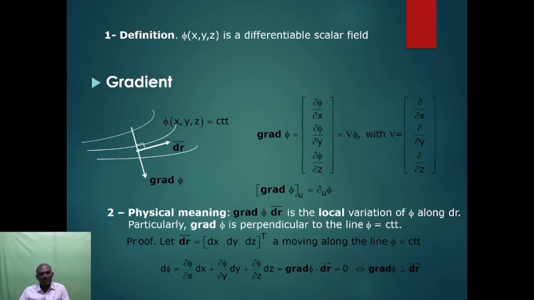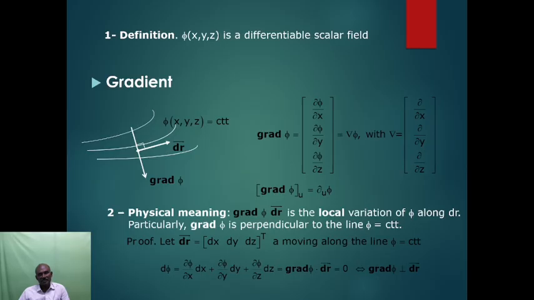Here, in three dimensions, we have the gradient of phi, which is dou phi by dou x, dou phi by dou y, dou phi by dou z, having three coordinates x, y, z. So we have the change of phi in all three directions.